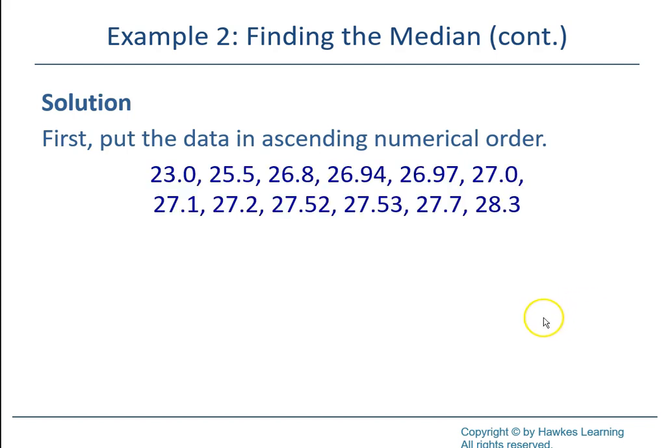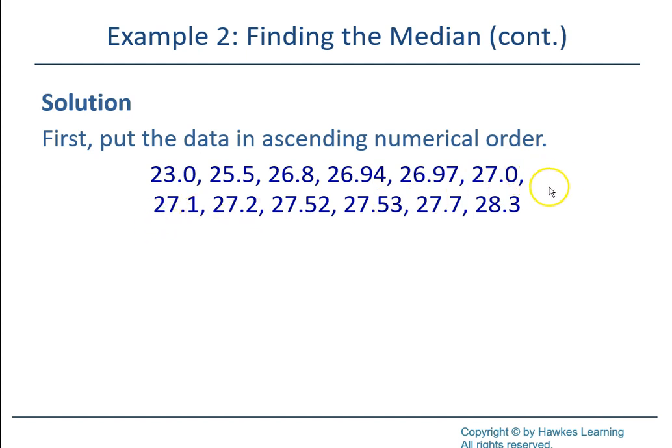Now, we said there were 12. So 1, 2, 3, 4, 5, 6 on, in a sense, the top line, and then there's 6 on the bottom line. Now, since it's an even number, the median would be between 27.0 and 27.1.